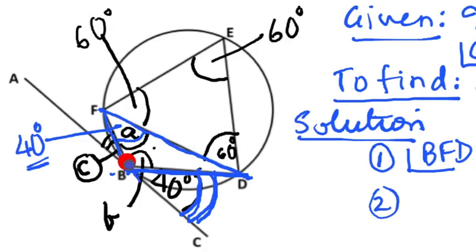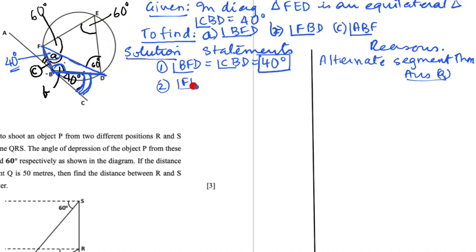Okay, now FBD is this. It is part of this cyclic quadrilateral. Can you see it as a cyclic quadrilateral? We already know this is 60 degrees, but we'll have to first mention that angle FED is equal to 60 degrees because it is an angle of equilateral triangle FED, equal to 60 degrees each. Alright, now the third one will be this angle over here and this angle over here.